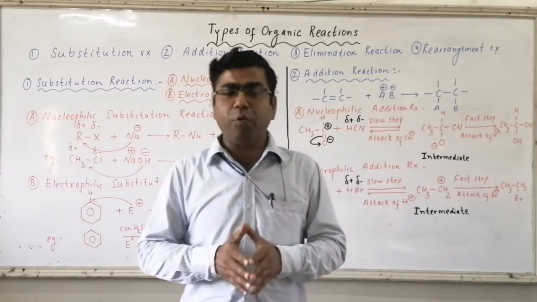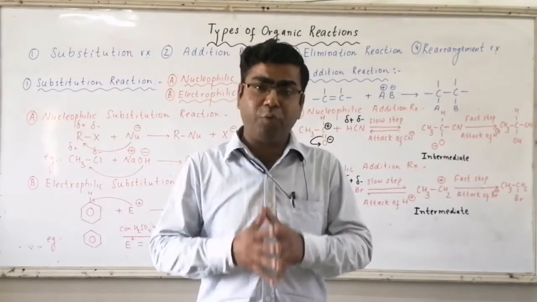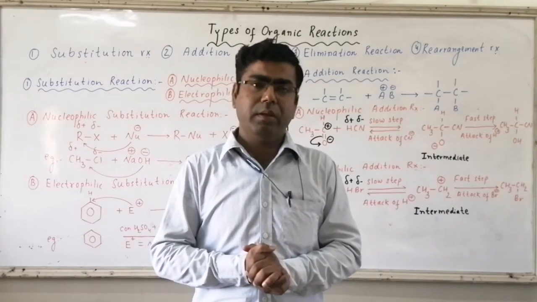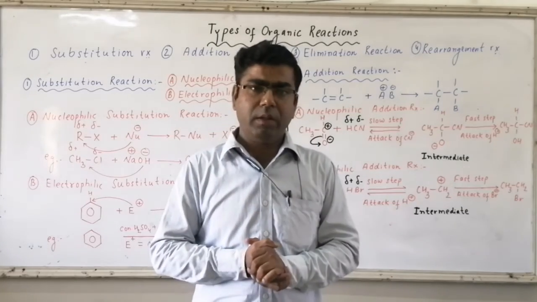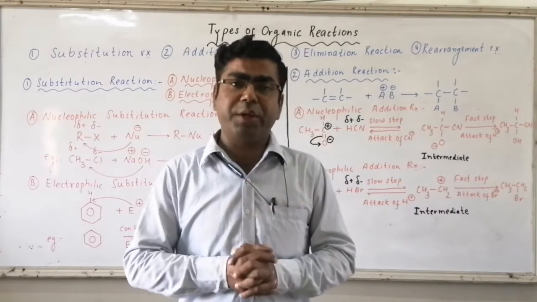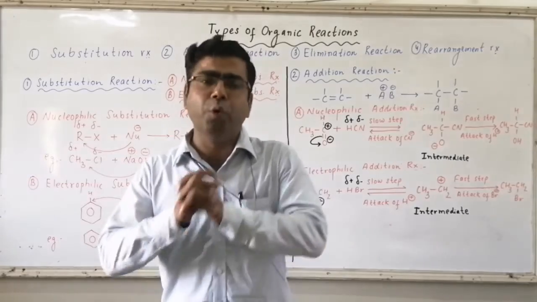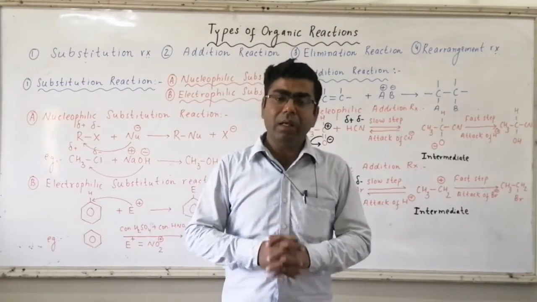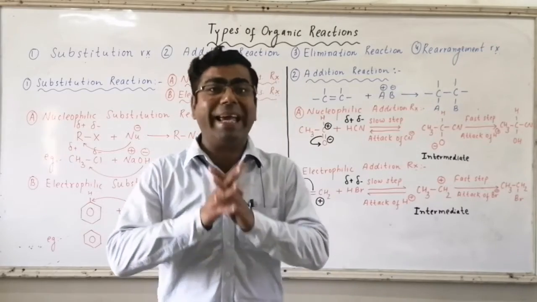When the attack of an electrophile is followed by the attack of a nucleophile, then the reaction is called electrophilic addition reaction. Important point. Nucleophilic addition reaction is the most important reaction of carbonyl compounds, that is aldehyde and ketone, while the electrophilic addition reaction is the most important reaction of alkenes.